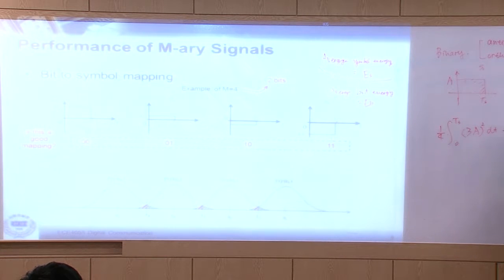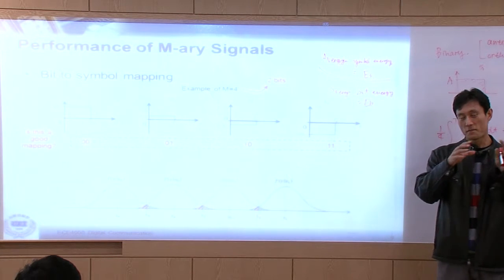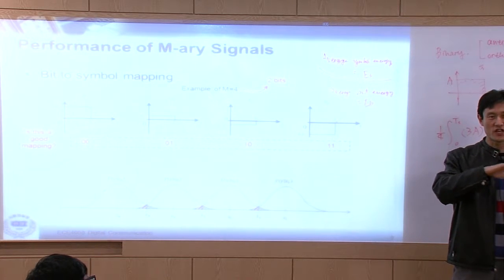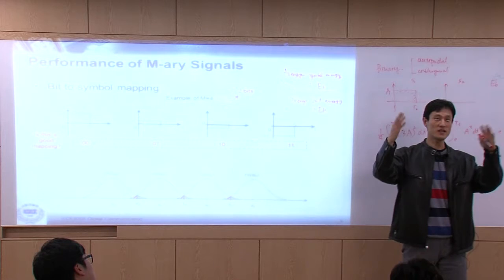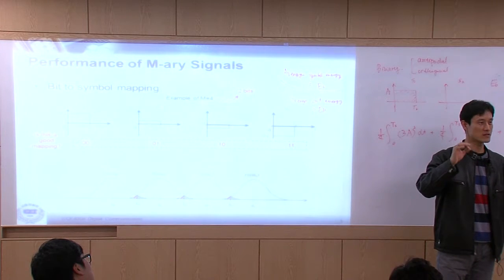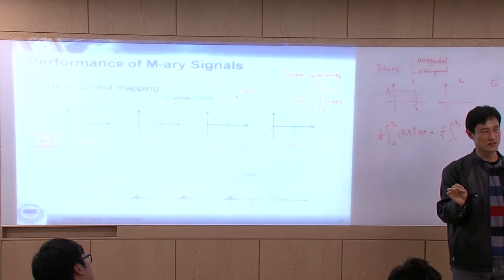Original information starts from bits. We have a bit sequence. That is the original information. In digital communication, everything starts from bit. And bit eventually needs to be changed to symbol before transmission. Whatever is transmitted is always symbol. Bit is never transmitted.